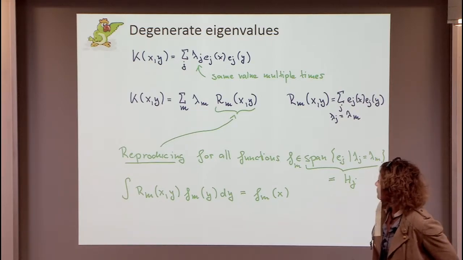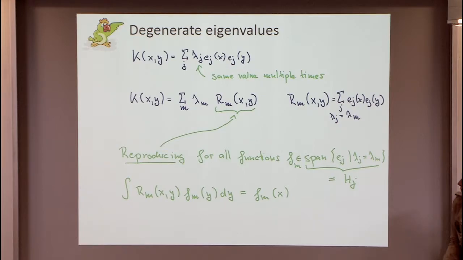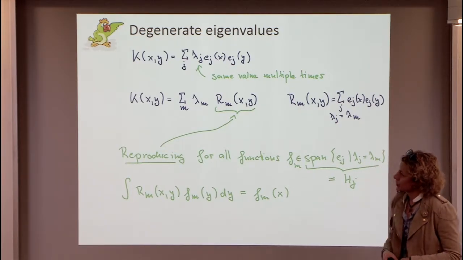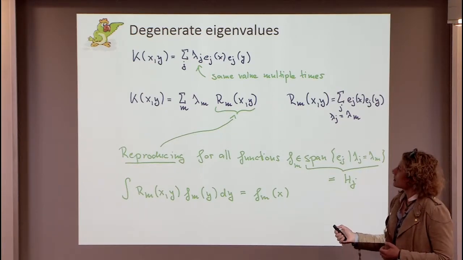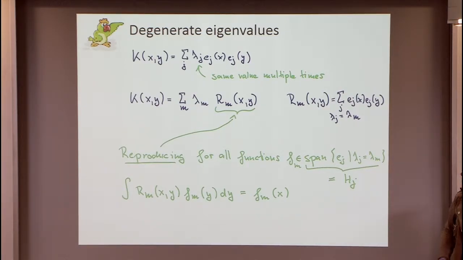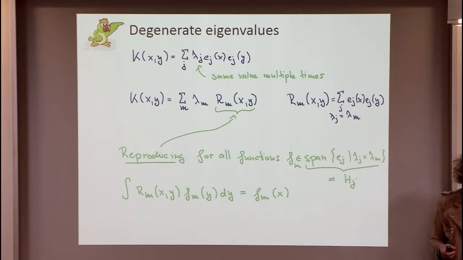Let me tell you a little bit more about kernels. Most of you are familiar with this, but maybe some people not so much. Just like with matrices, kernels can have degenerate eigenvalues. This just means that it's possible that this lambda j occurs multiple times, with the same value. If it occurs multiple times, I can bunch these eigenfunctions together into spaces depending on the same eigenvalue.